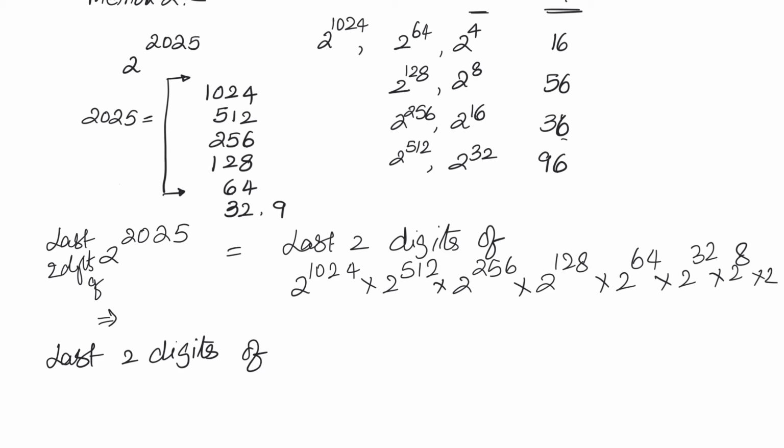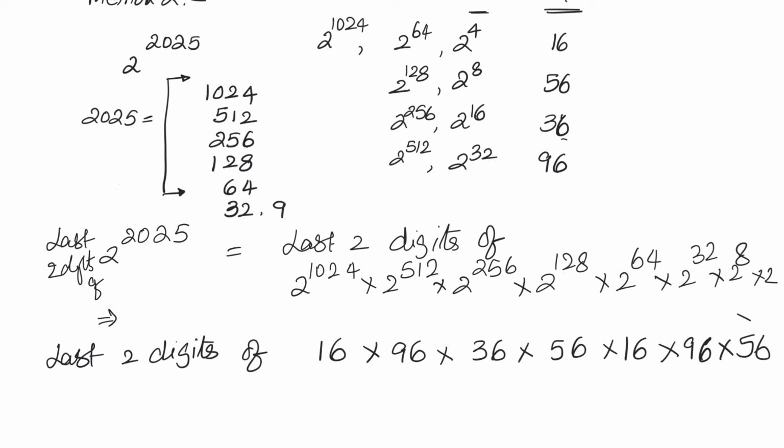Now when we multiply all these last two digits, we get the last two digits of 2 power 2025. Let's write them down. 16 multiplied with 96, multiplied with 36, multiplied with 56, multiplied with 16, multiplied with 96, multiplied with 56, and multiplied with 2.